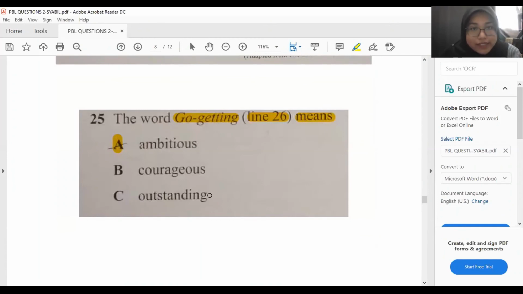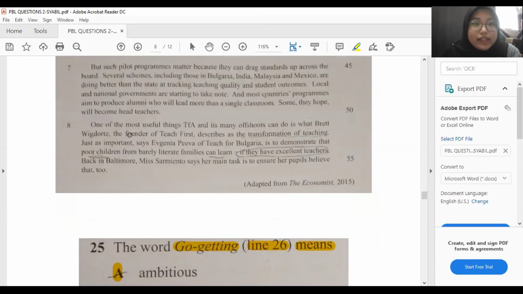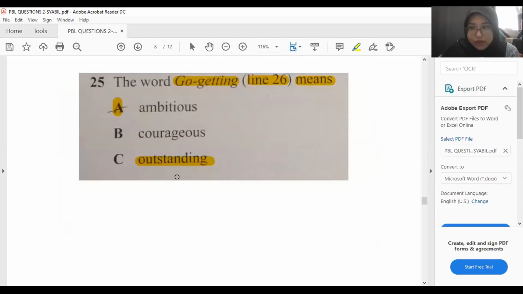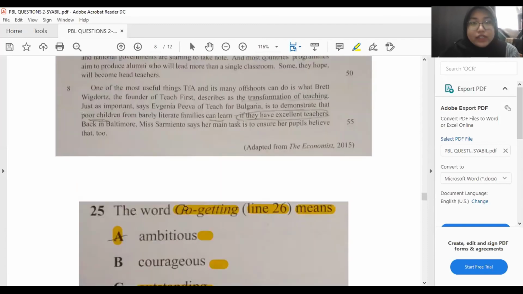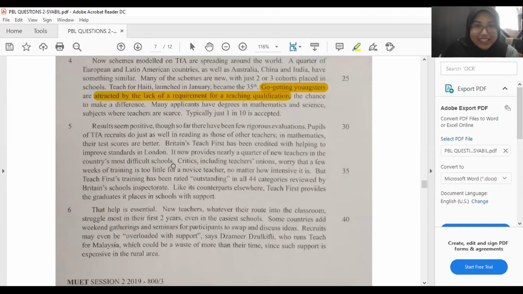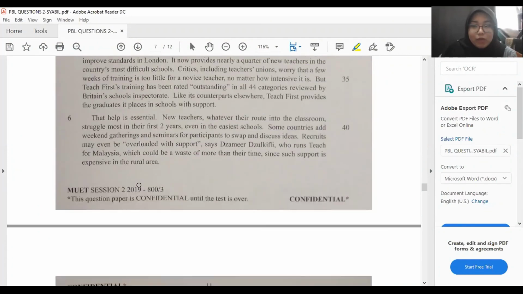First of all, it says that they have a lack of requirements. So being outstanding doesn't actually align with that sentence. Okay, and then between ambitious and courageous. Being courageous in this way doesn't mean that they are actually having the courage to become a teacher, but rather it is more about their own intentions.